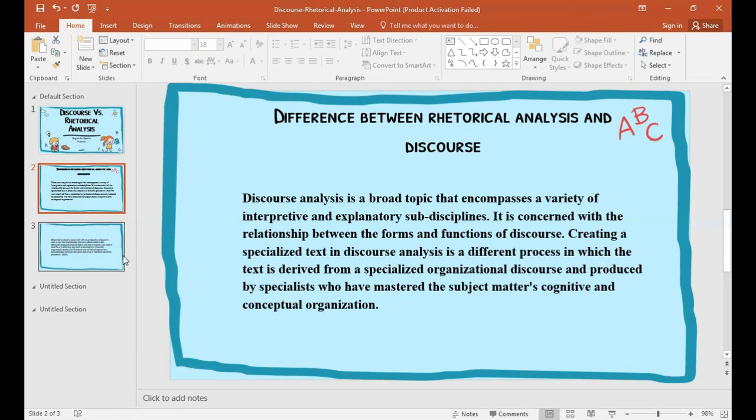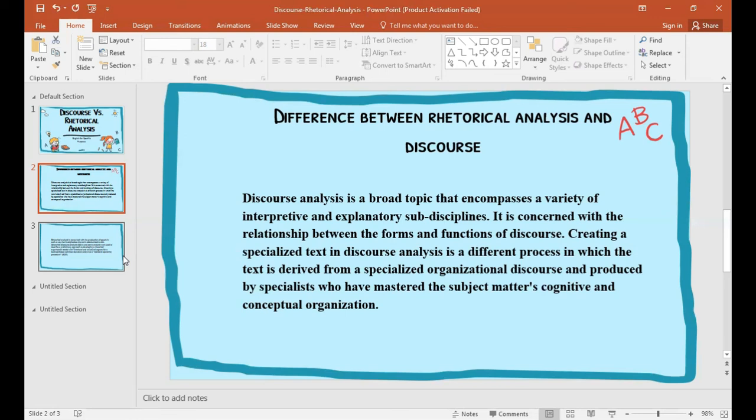Discourse analysis doesn't provide absolute answers to a specific problem. And lastly, the disadvantages are specific to each tradition, but generally, proponents of discourse analysis believe that meaning is never fixed and is always open to interpretation and negotiation.